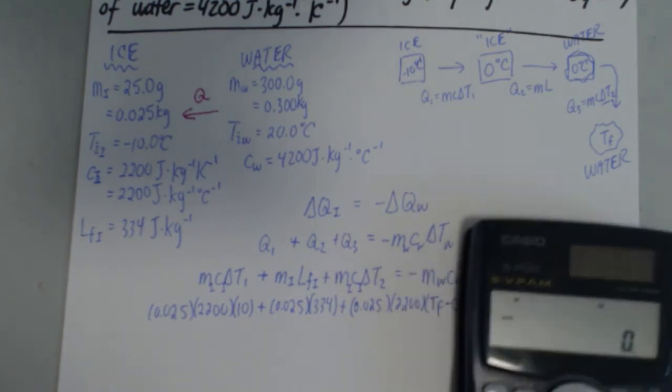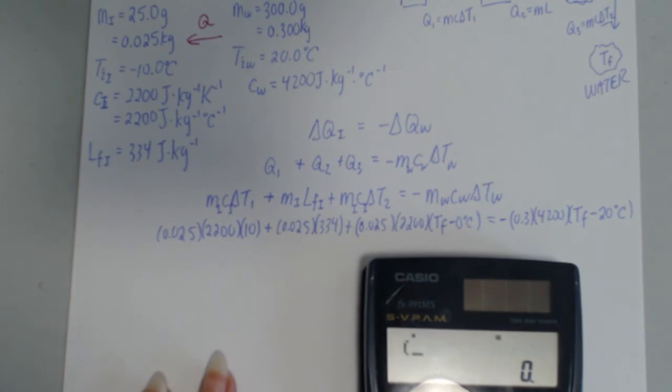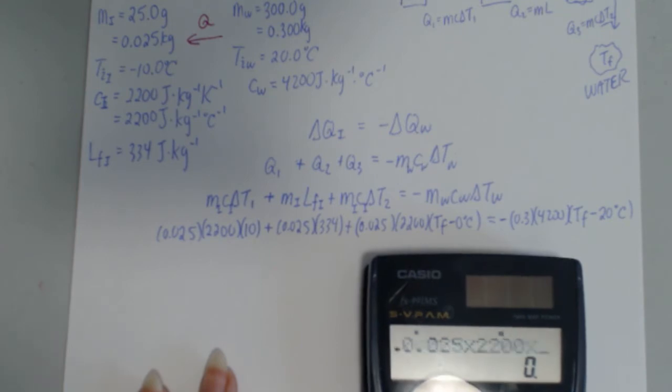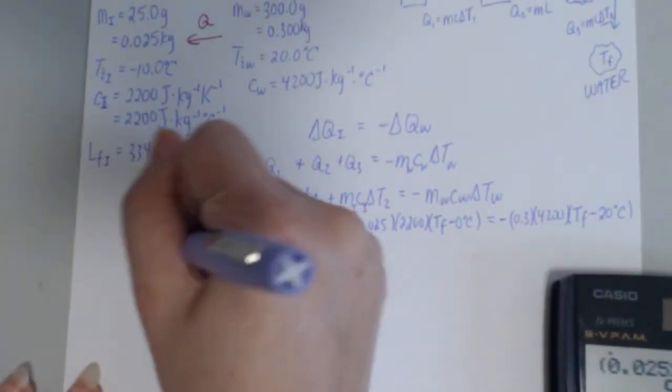There we go. 0.025 times 2200 times 10 plus 0.025 times 334 equals 558.35.